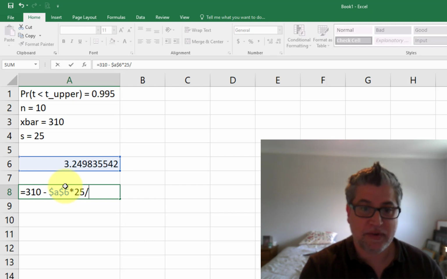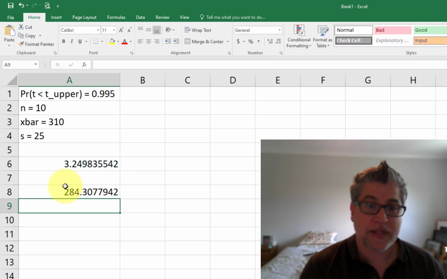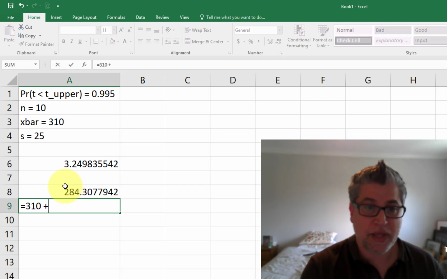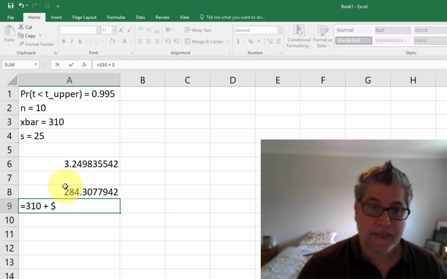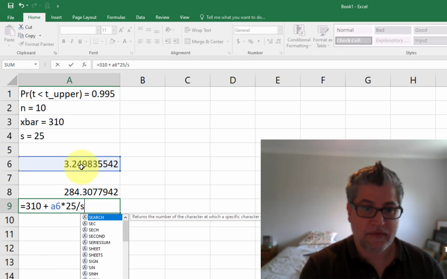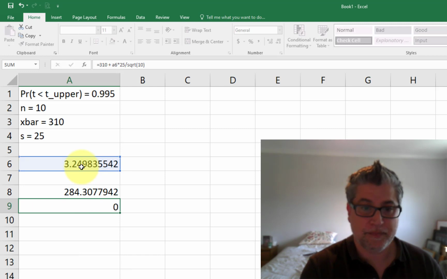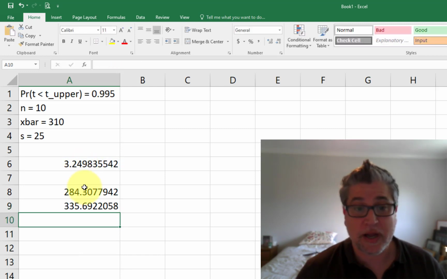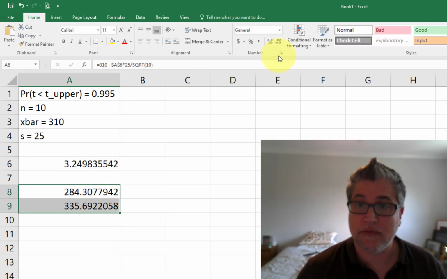So that's 25 divided by square root of 10. So that's our lower bound. Our upper bound is 310 plus this many standard errors. We just do A6 times 25 divided by the square root of 10. All right, so those are our confidence bounds, our intervals.